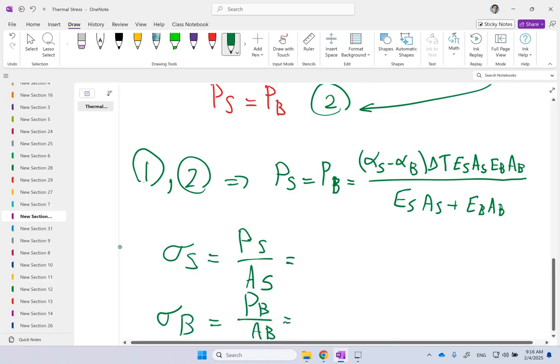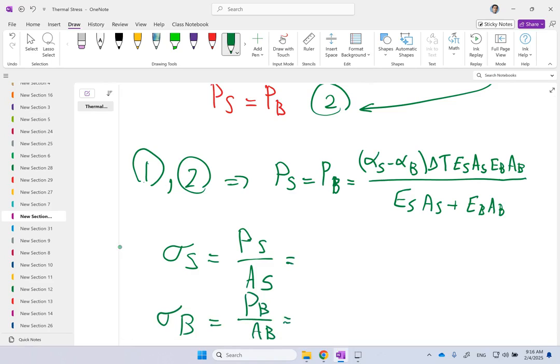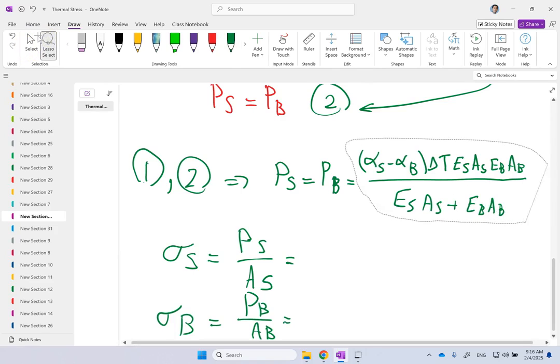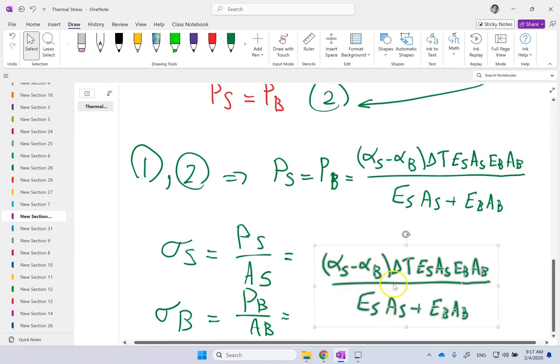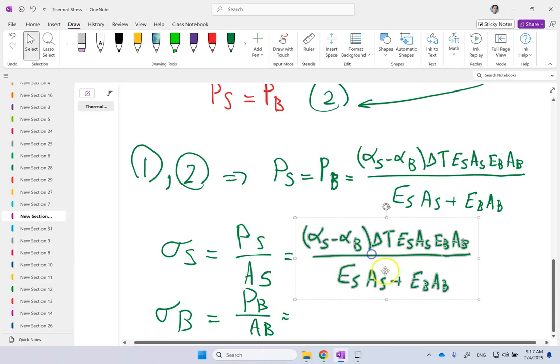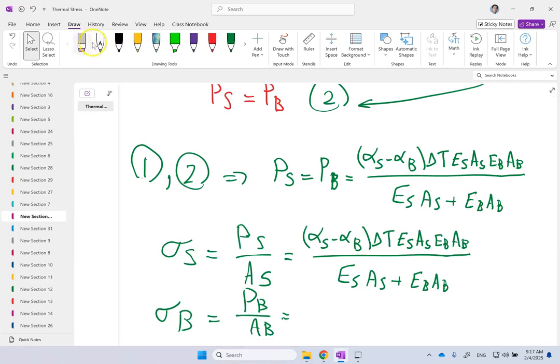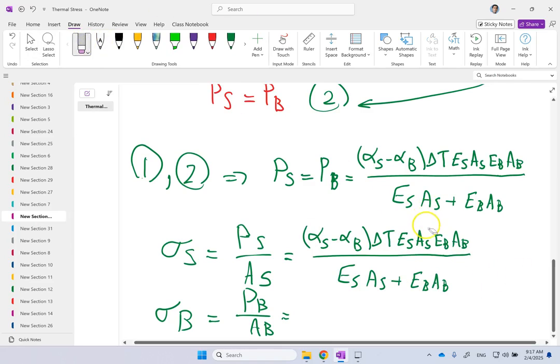So clearly they're going to be the same as this, except the AS or AB is basically eliminated. So if I go down here and copy paste this down here, all I need to clean up is the AS part, which is this portion here.